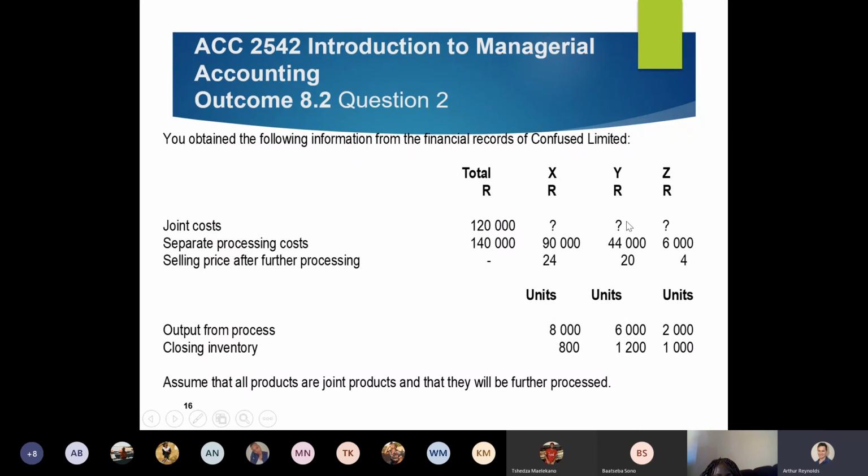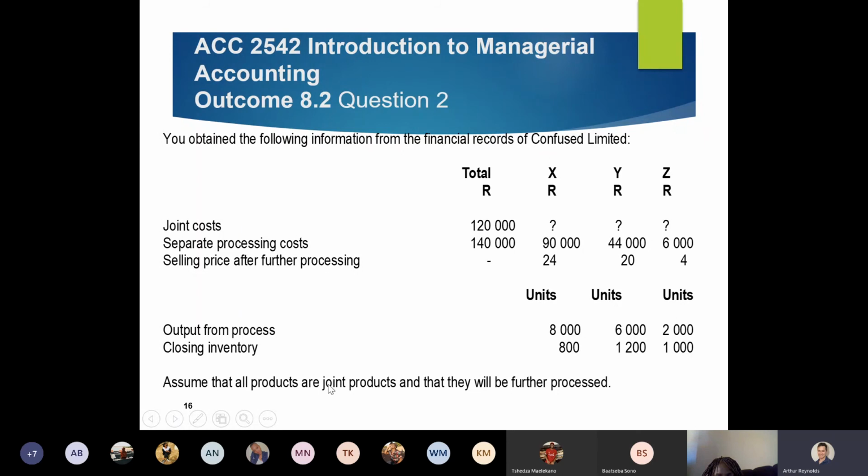The question marks here are because we need to calculate this. We'll get to that now. Selling price after further processing, 24, 20, and 4. And then output from process is 862. Closing inventory is that.